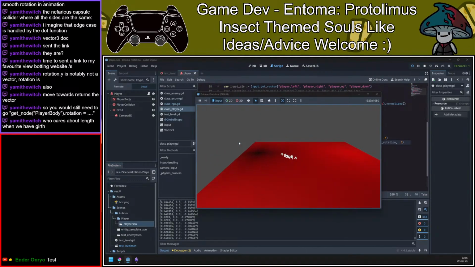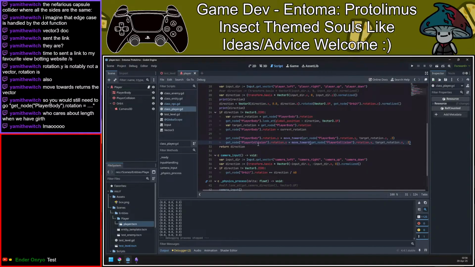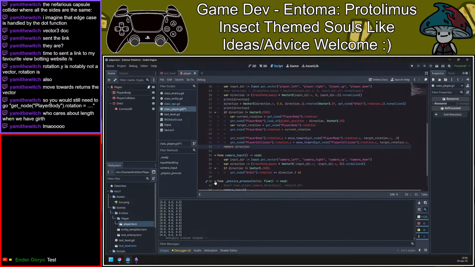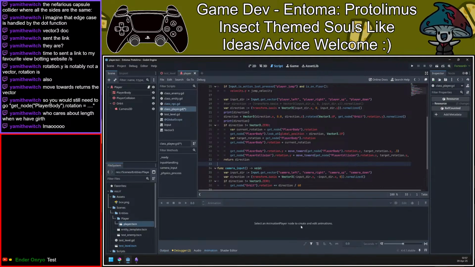And it doesn't even fix the issue. Okay, well, this is fine for now until we have a proper animation handler. Oh, would you look at that? We have a proper animation handler.